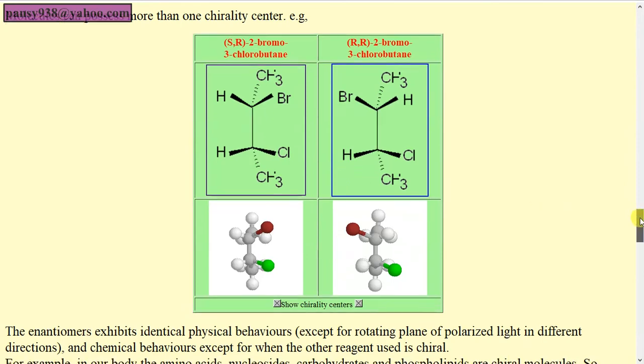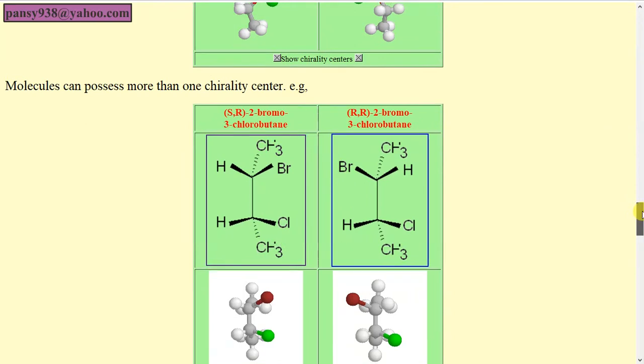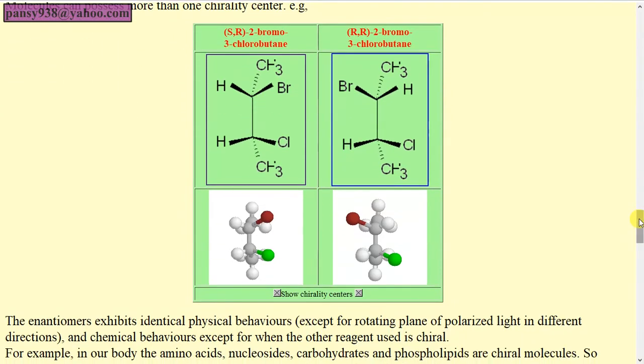So it means that there may be molecules which have more than one chiral center, and they are not mirror images of each other. Remember, such types are called diastereomers. They are not enantiomers. The main difference between enantiomers and diastereomers is that diastereomers are not mirror images of each other.